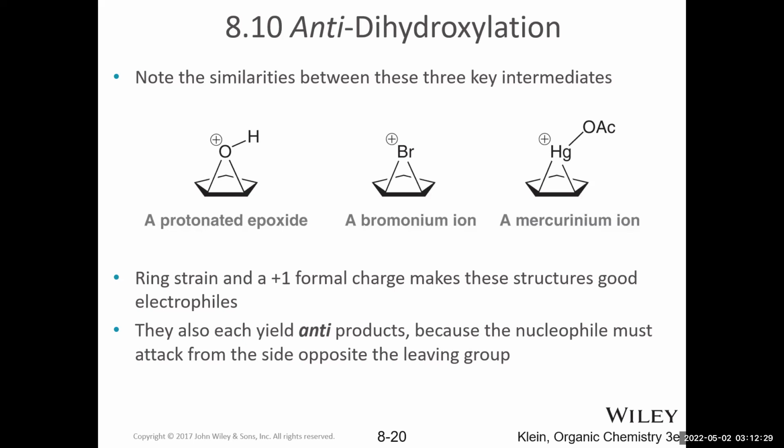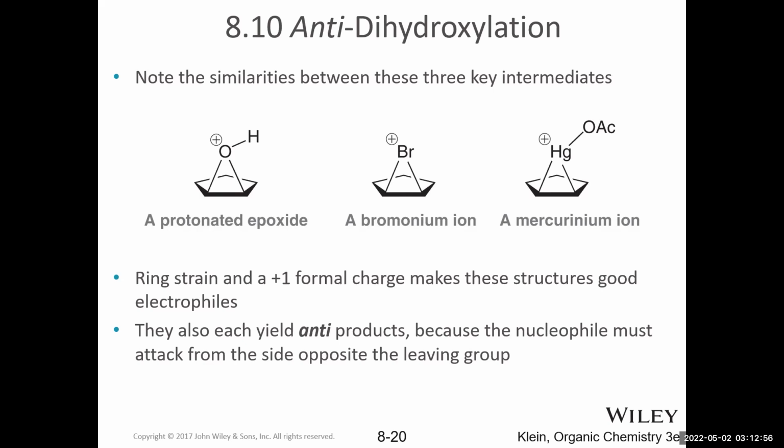At this point, we've seen three different key intermediates that have some similarities. We just saw the protonated epoxide. We've looked at a bromonium ion before, and we've looked at a mercurinium ion in the oxymercuration-demercuration reaction from earlier in this chapter. We want to note that these all involve three-membered rings where the atom attached is positively charged.